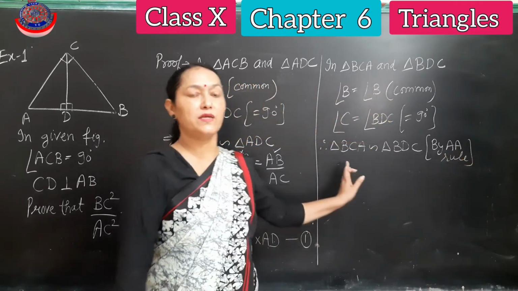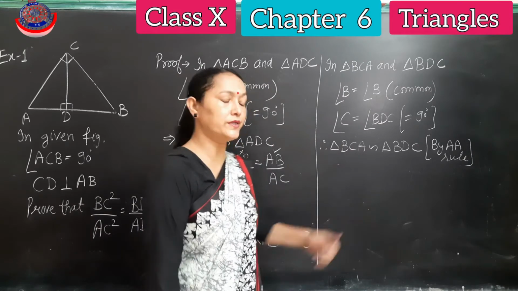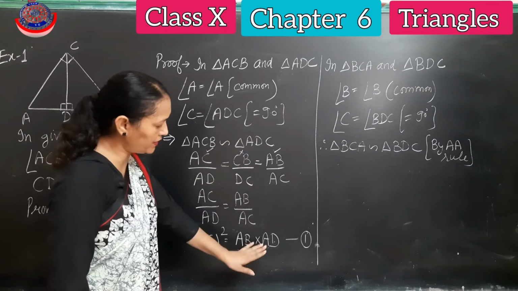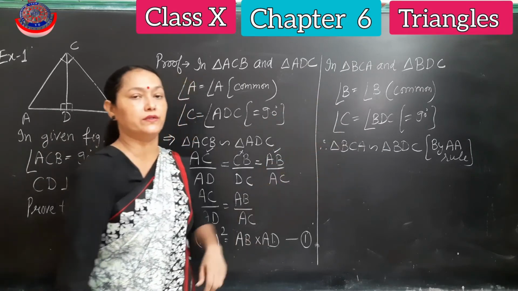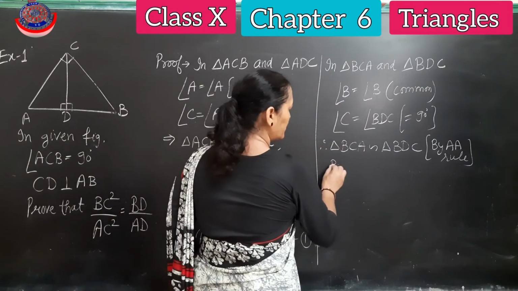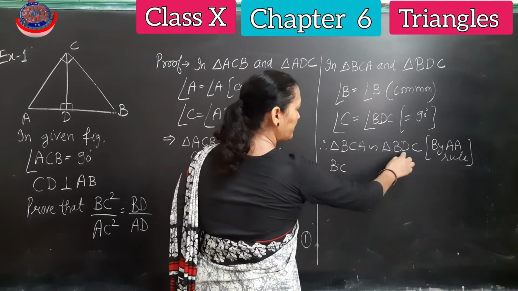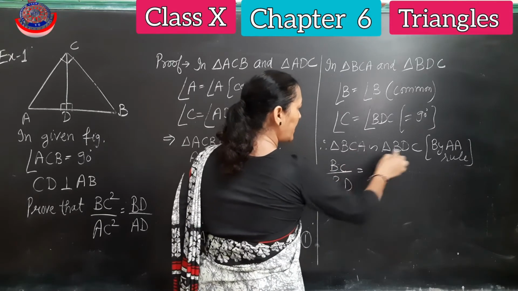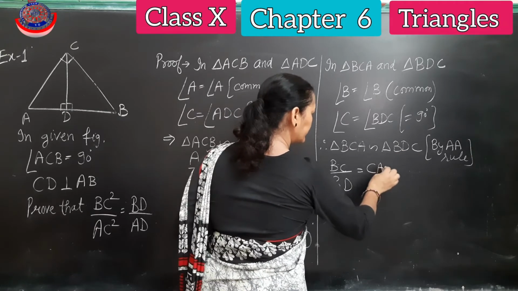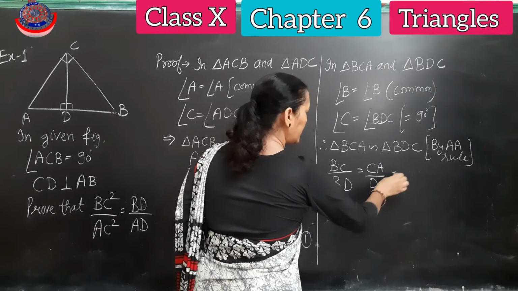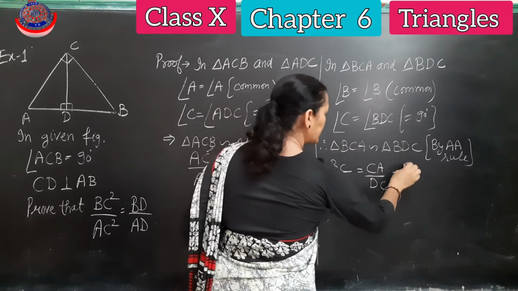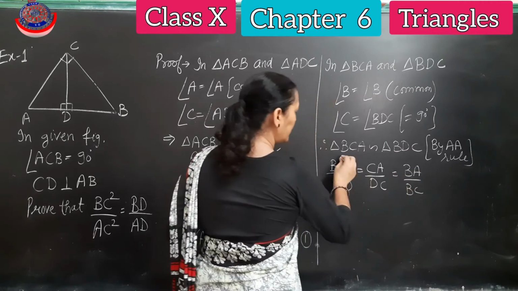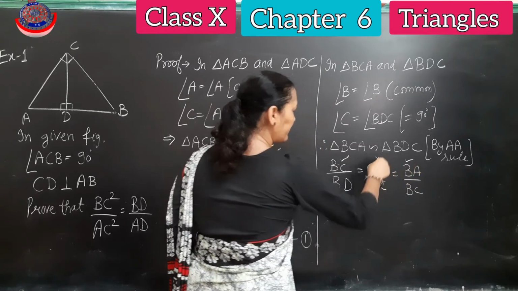If triangles are similar, that means sides are proportionate. You see, same steps are as we have done there, same way we are moving here. So BC upon BD is equal to CA upon DC equals to BA upon BC. Again, we'll be using maybe this one.